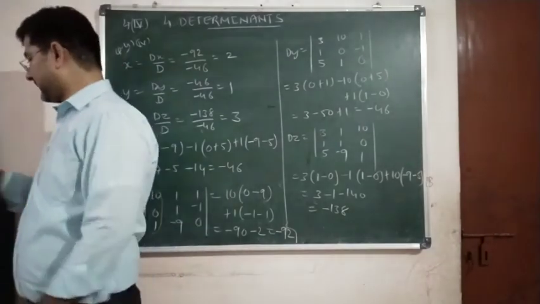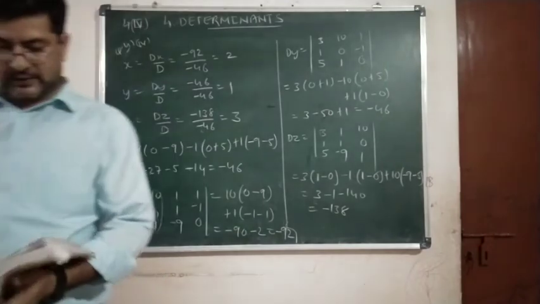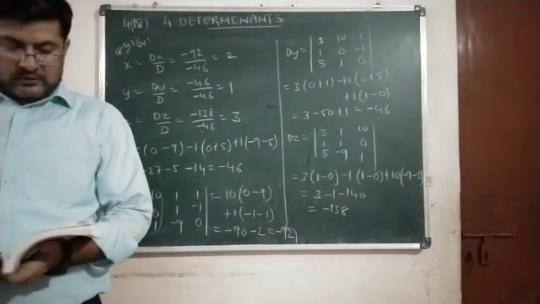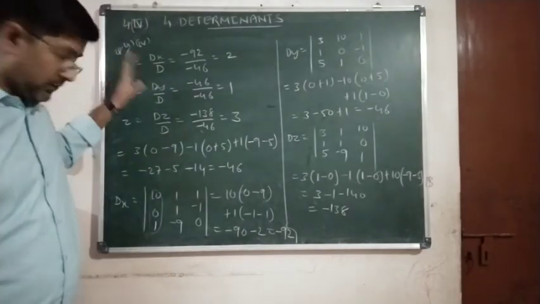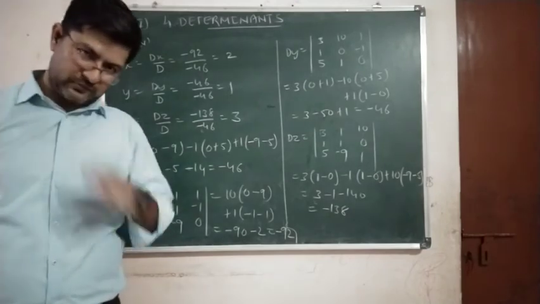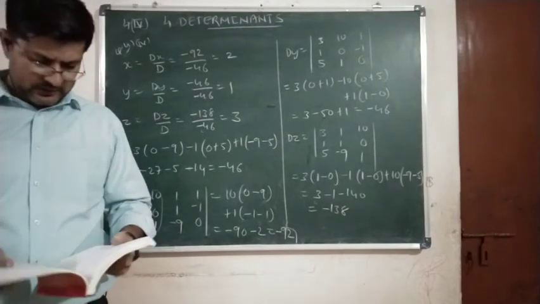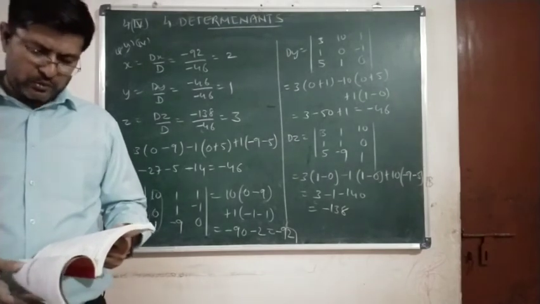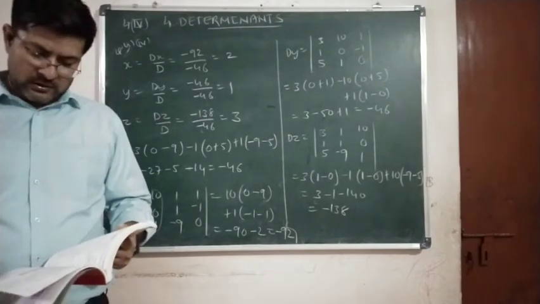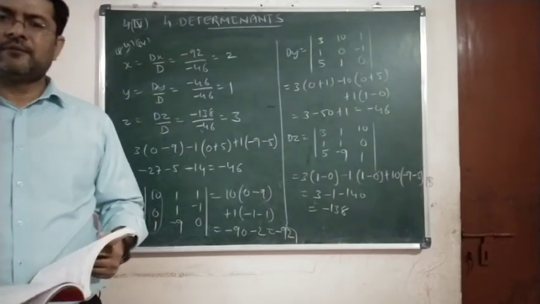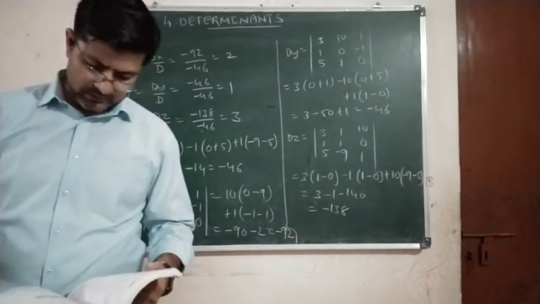Clear? So in this exercise, so far we have completed solving using Cramer's rule. Now you might have understood all the questions are of the same type, yes or no? But still a few more questions we will do. Another half an hour lecture is required to complete the exercise.